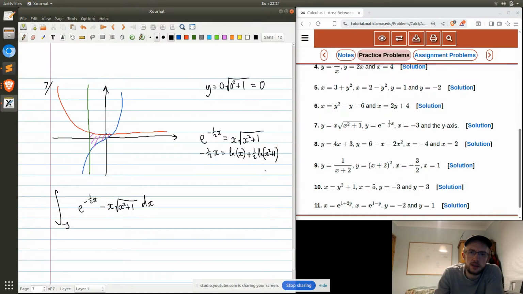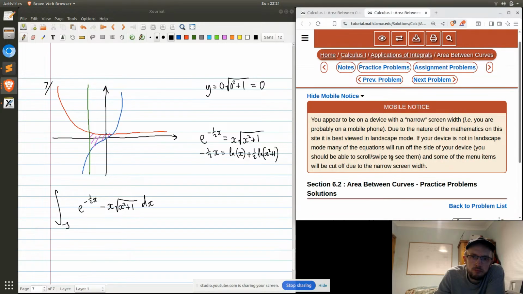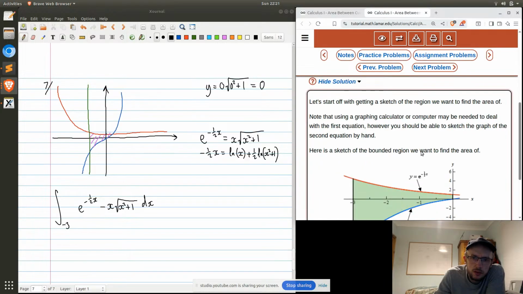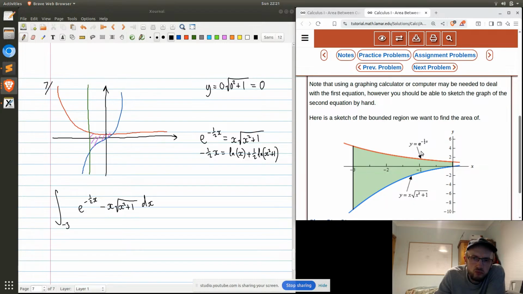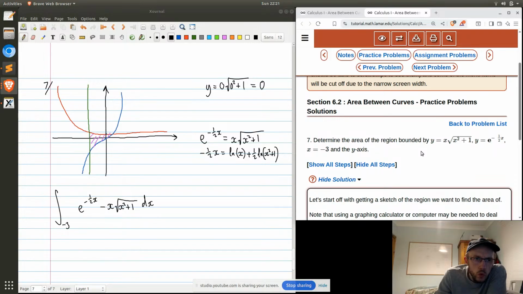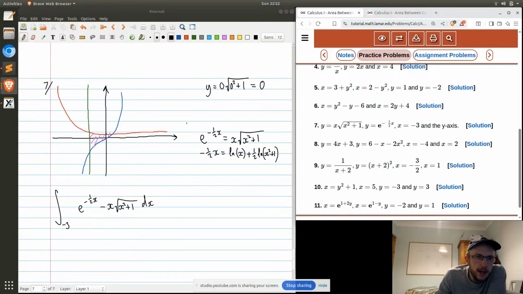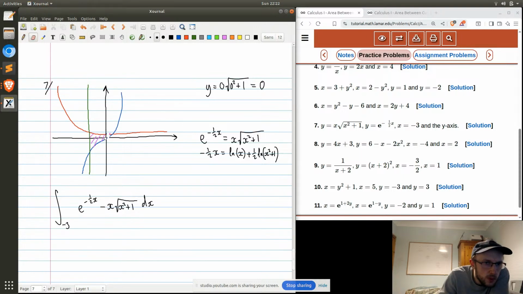So I'm curious. Oh, that's because I'm in error again. He wants it between x equals minus 3 and the y-axis. So no problem at all that I don't know how to do that, because I don't have to know.